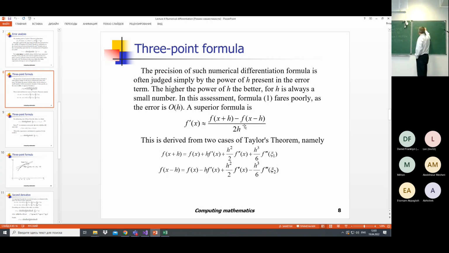Zero. One. No, no, it's wrong. 0.01, it's wrong. Your answer? 0.27.